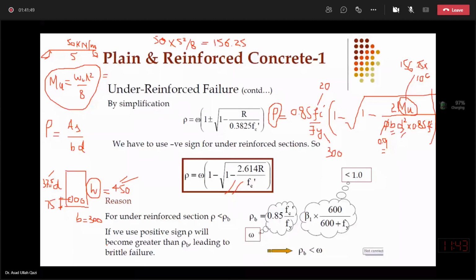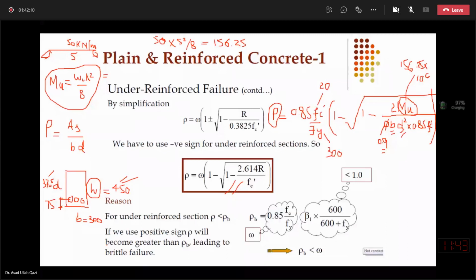But in some cases, if I want to accommodate more steel in one layer, I may prefer a wider width. So 1 foot, 300 millimeter, and if the beam is resting on a column and column size is 300, then 300 beam and 300 column will be flush. There will not be any offset.